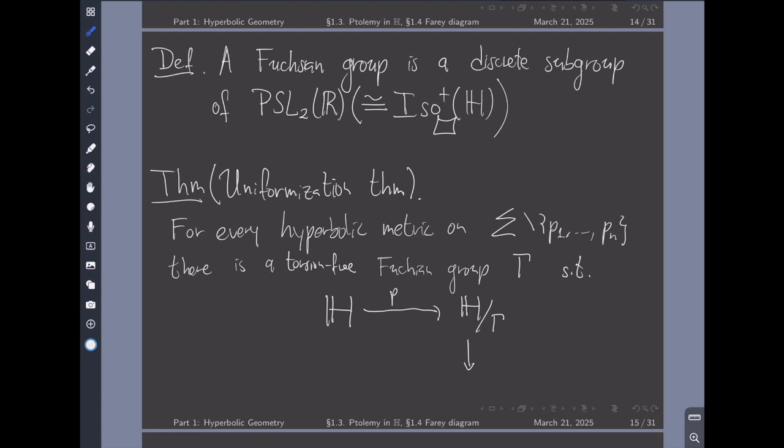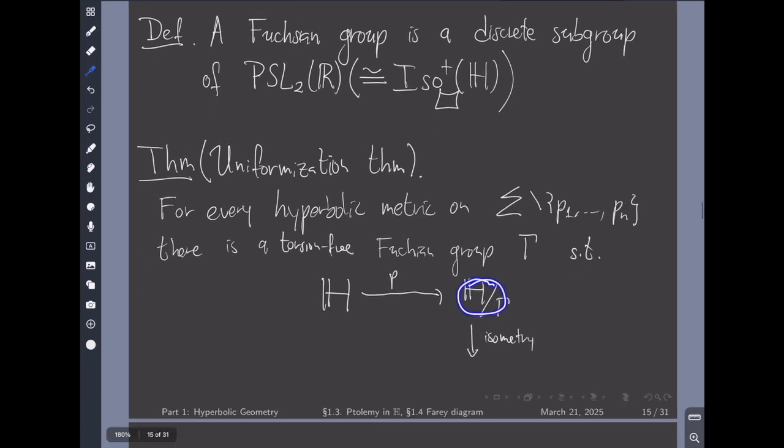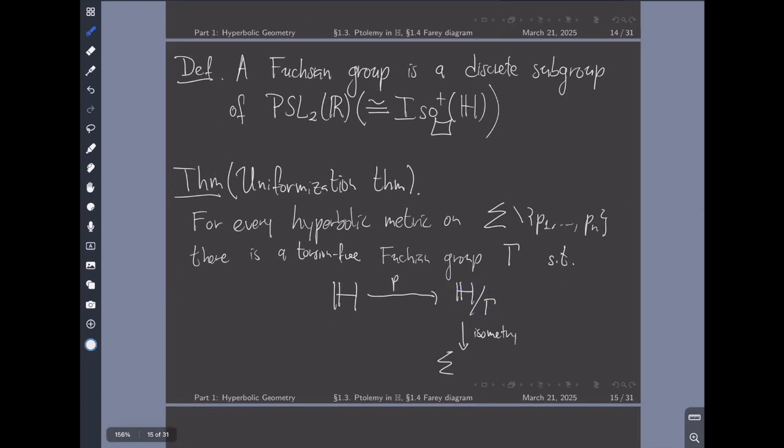Oh, I mean also a biholomorphism, but an isometry between this hyperbolic surface and your sigma minus P1 to Pn with the hyperbolic metric you imposed. And in such a way that these ones become each one a single point at infinity.